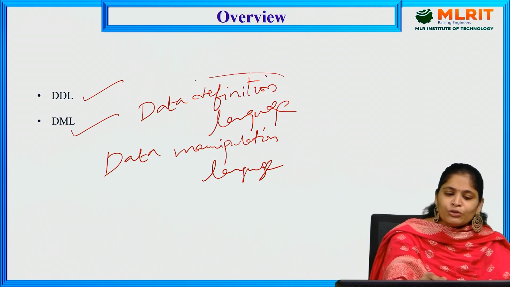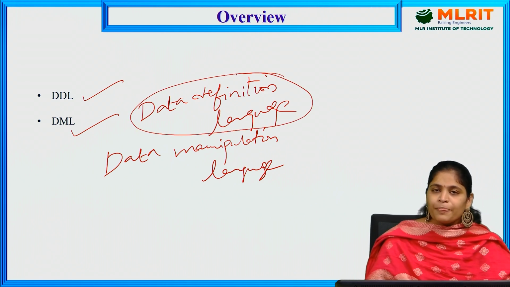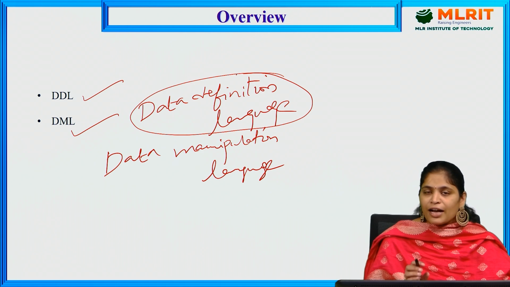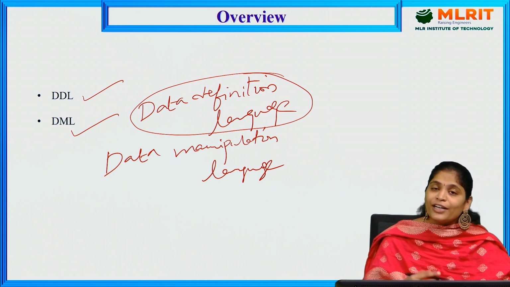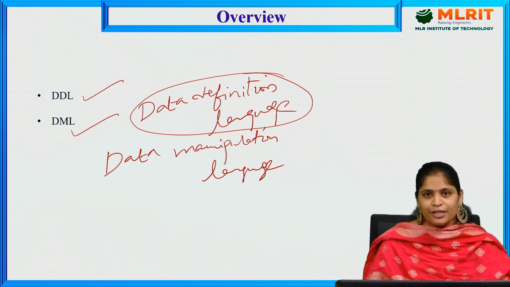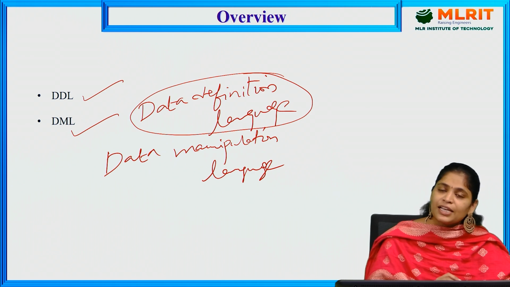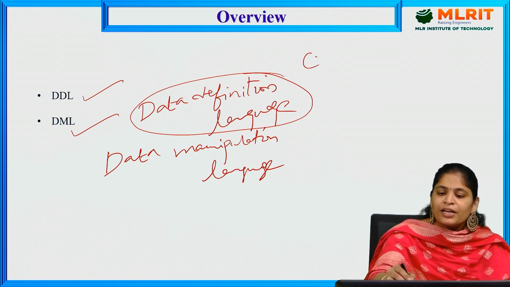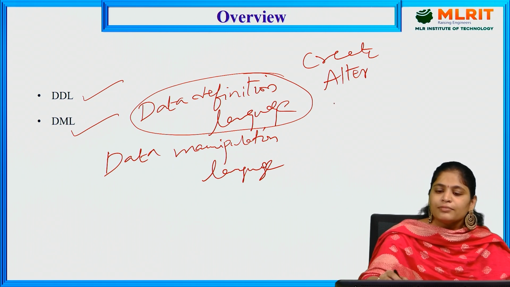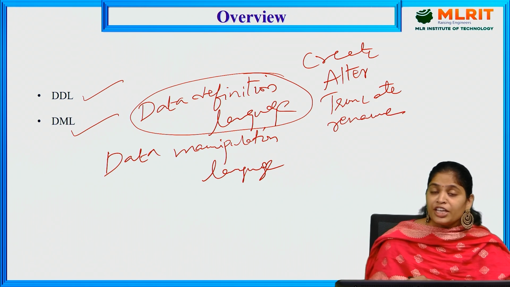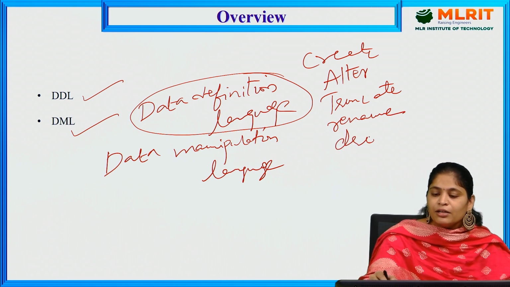Coming to Data Definition Language, these are commands which are used to define the structure of a database. These DDL commands include create, alter, truncate, rename and drop.